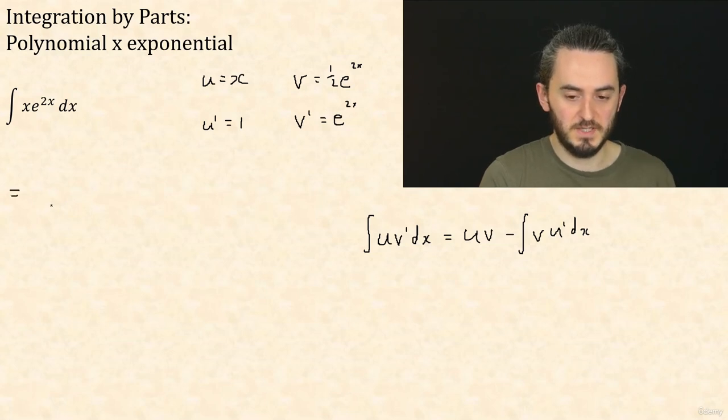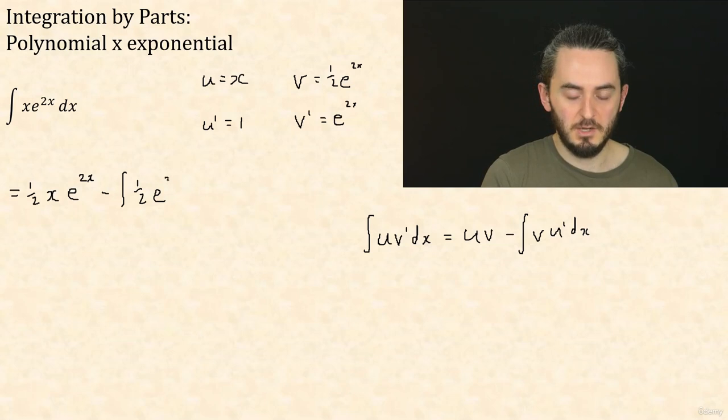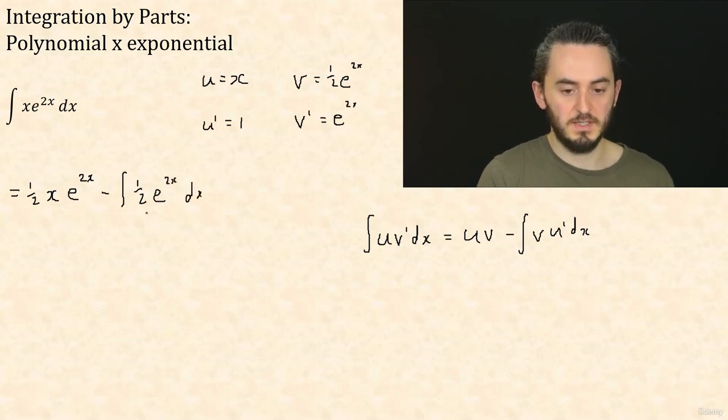The integral of this is u times v, so that's half x e to the 2x minus the integral of v u dash. V is half e to the 2x, u dash is 1, and notice that I've now got a nice easy integral here.